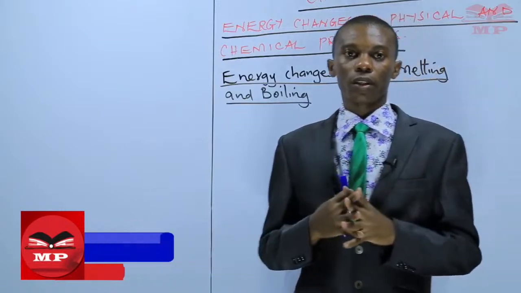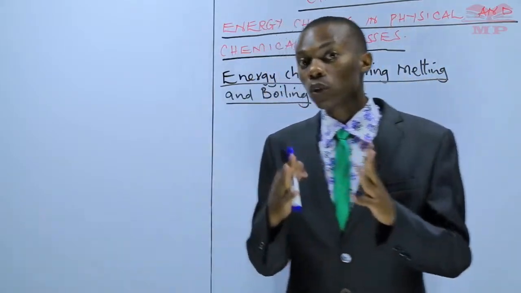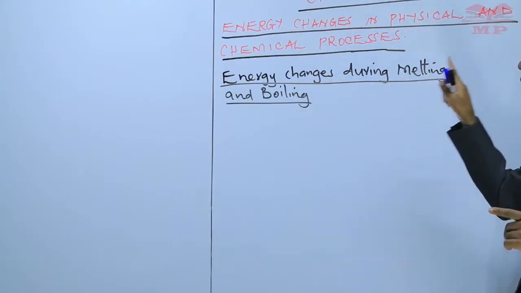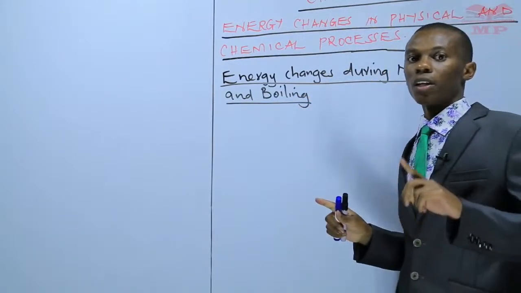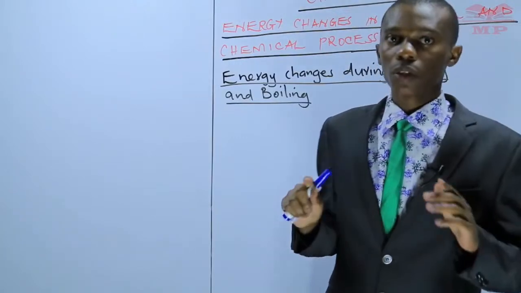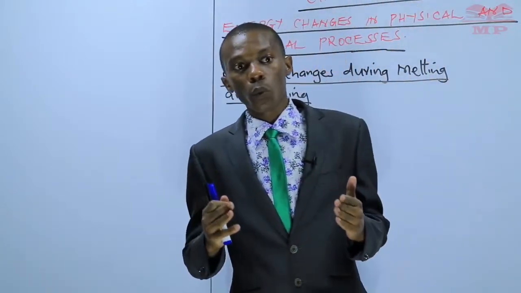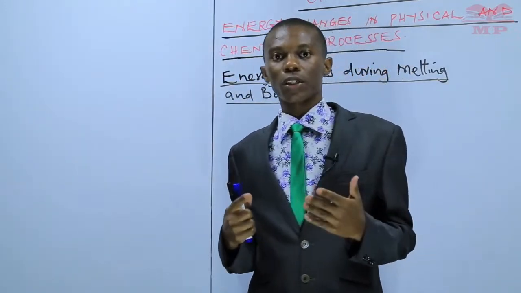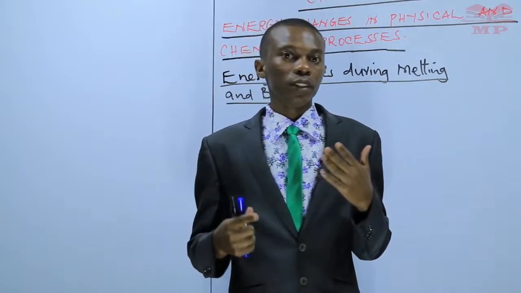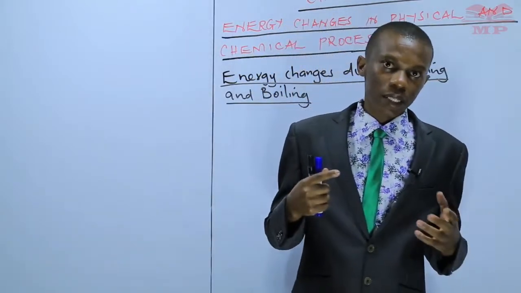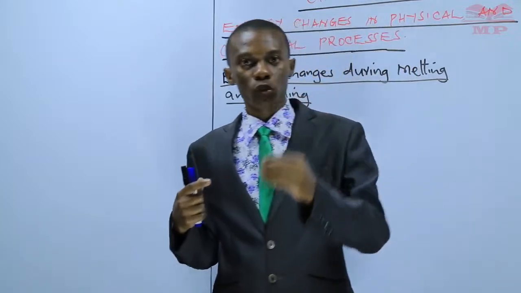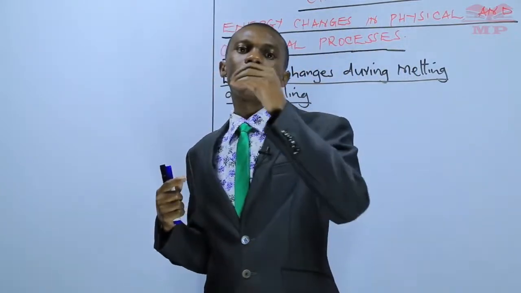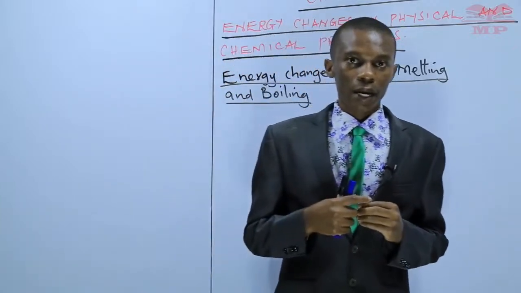In this lesson, we still want to discuss the energy changes during melting and boiling. If you remember in our previous lesson, we were illustrating the effects of change, what happens when ice is heated to become a liquid, and this liquid is heated to become a gas.